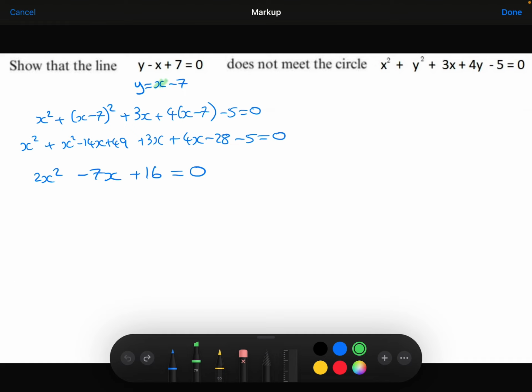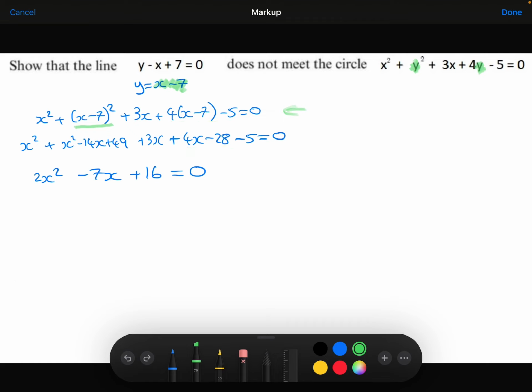Then what I've done is I've substituted the x minus 7 into the y here and the y here. And that gave this line here. I've then expanded this bracket. I've expanded this bracket.